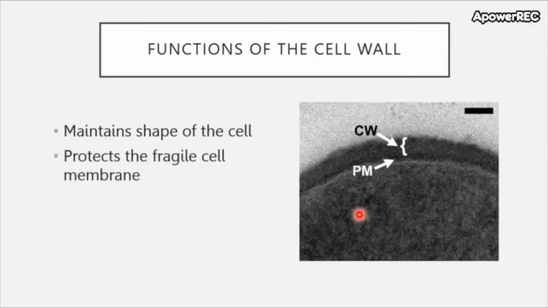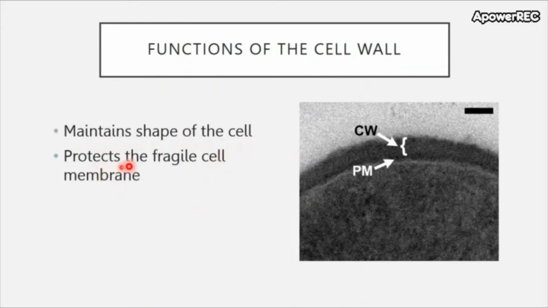We also have what we call the plasma membrane. So underneath the cell wall is the plasma membrane. And it's a lipid membrane. And if you don't recall what a lipid is from previous biology classes, please take some time to look that up. So the function of the cell wall is very important. As discussed in osmosis, it helps maintain the shape of the cell.